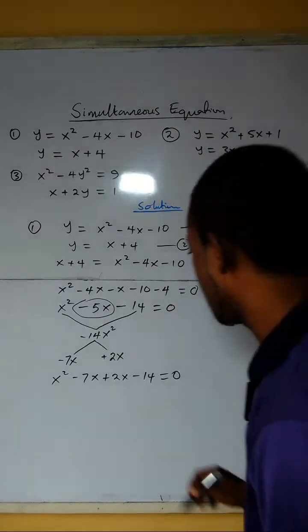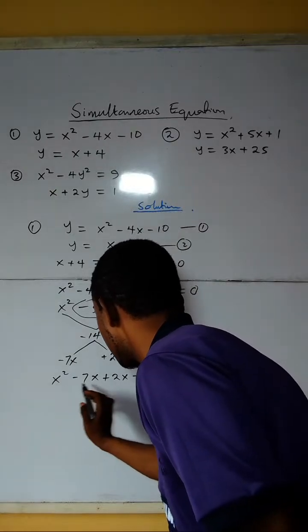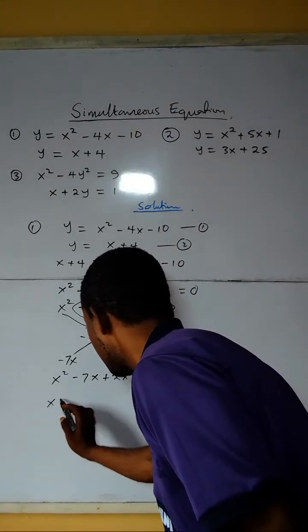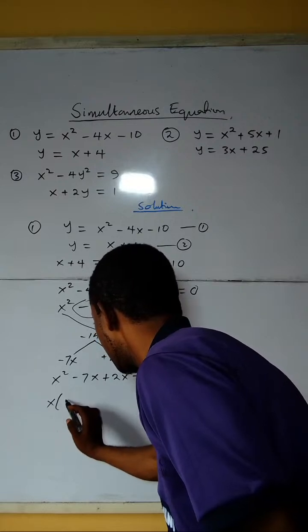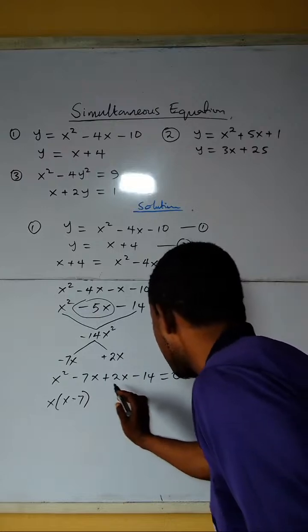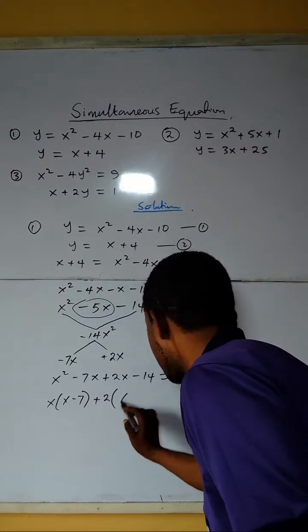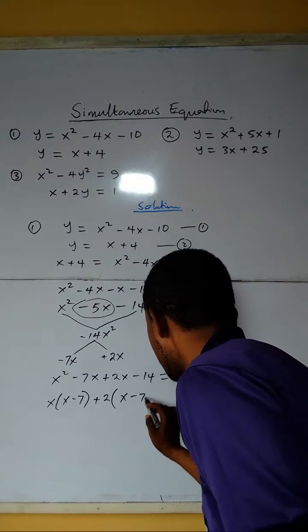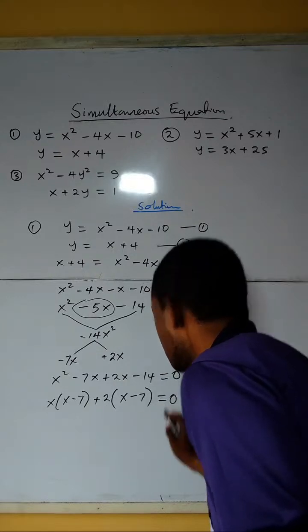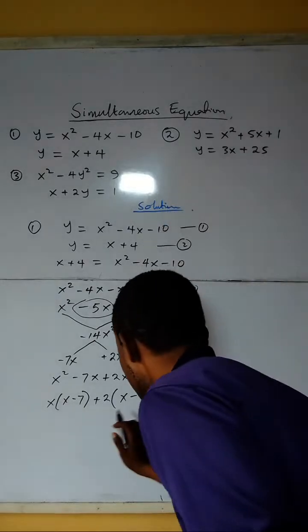We can group this in twos and factor what is common. x is common here, then we have x minus 7 left, then here we have plus 2 common, so we have x minus 7 also left, which equals 0 on this side. And here, x minus 7 is common.